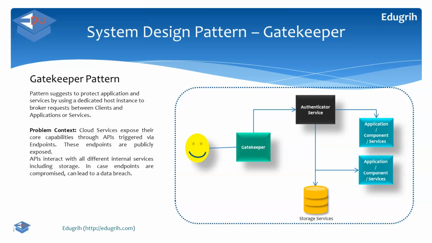If you look at this diagram, a high level depiction of this pattern is shown, where a gatekeeper ensures that only an authenticated, validated, and sanitized request reaches an application or internal service, and any of the storage services also.